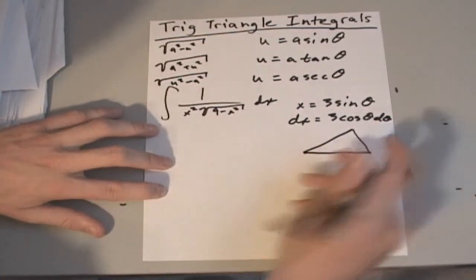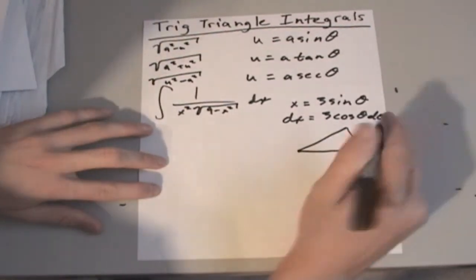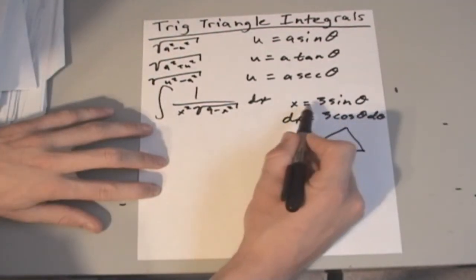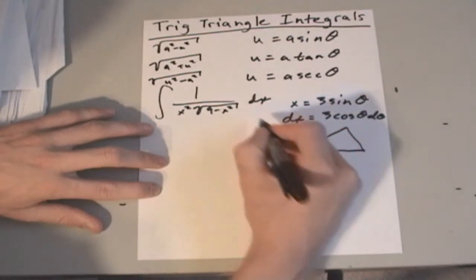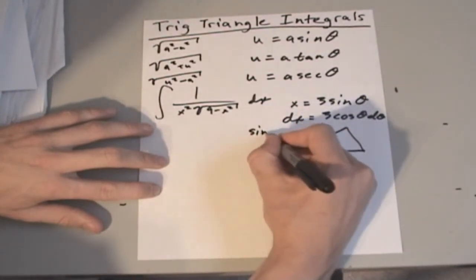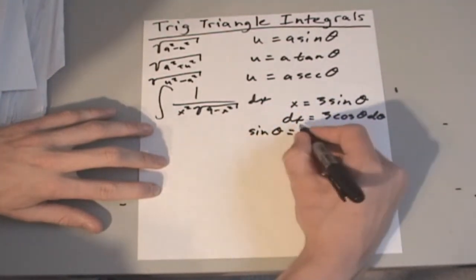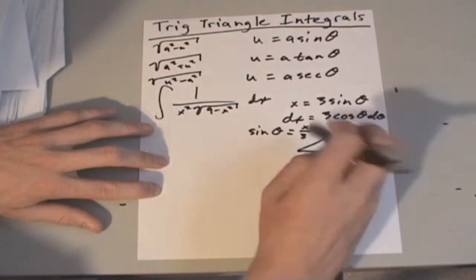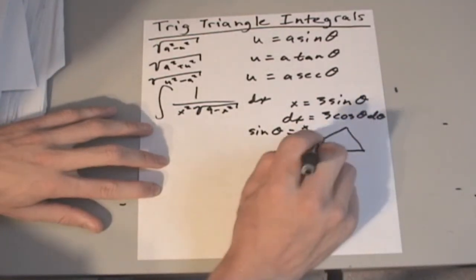And now to find a replacement for the square root, we need to draw a triangle. Not quite a right triangle, but we'll make do with that. Since we know that x is equal to 3 sine theta, sine theta is equal to x over 3, opposite over hypotenuse.